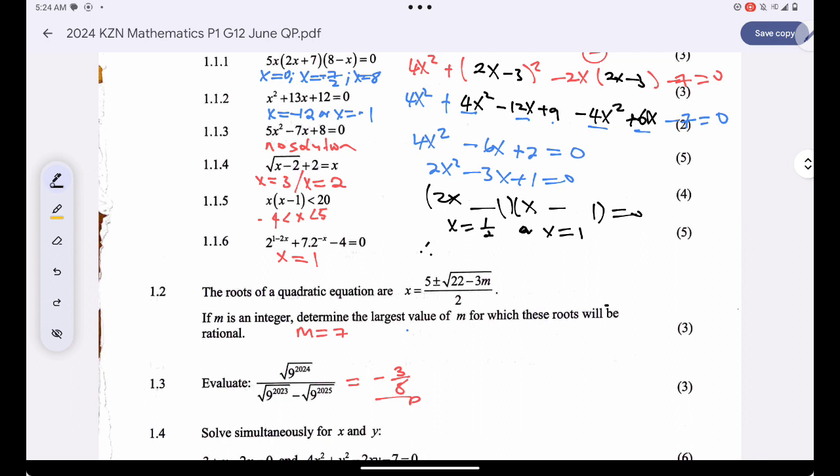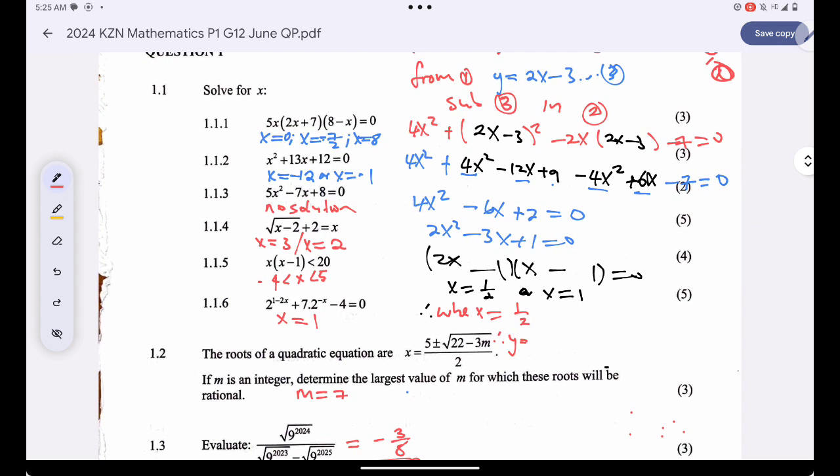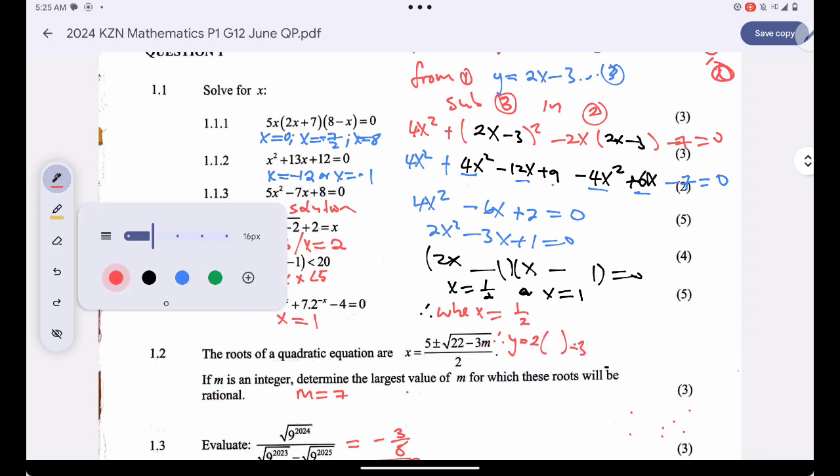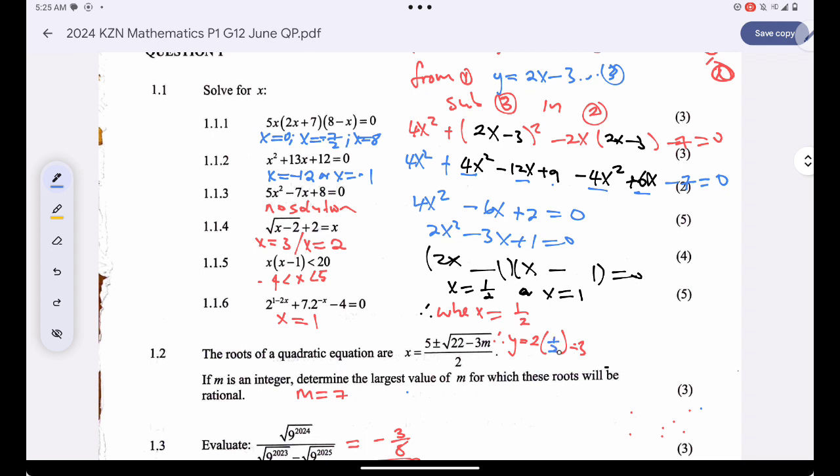Therefore, I'll be like, okay, now I know the value of x. Okay, when x is half, therefore my y value is equal to, I'll just go back and substitute in my equation 3, right? Whenever I see x, I'll put a half, and therefore I'll get my y value to be equal to -2 here.